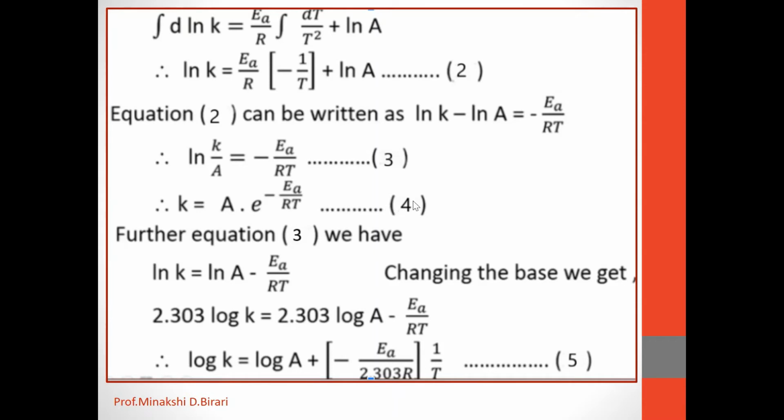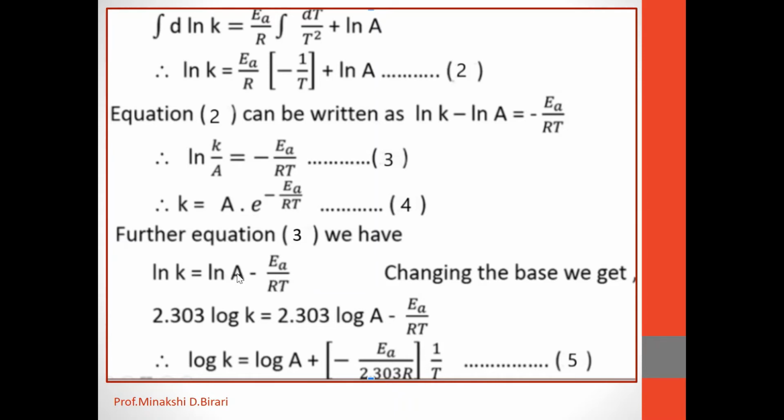So this is equation number 4. This equation, k is equal to A into e raised to minus EA upon RT, is the exponential form of the Arrhenius equation, and we have already studied the exponential form of the Arrhenius equation in the previous lecture. Then further, from equation number 3 we have ln k is equal to ln A minus EA upon RT.